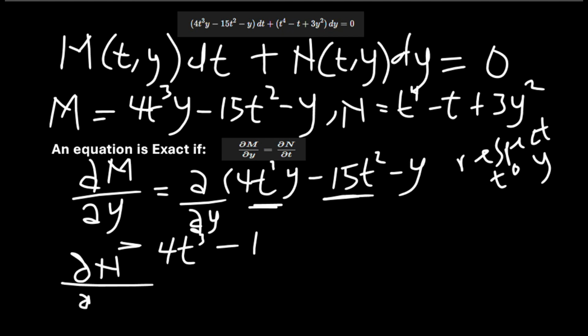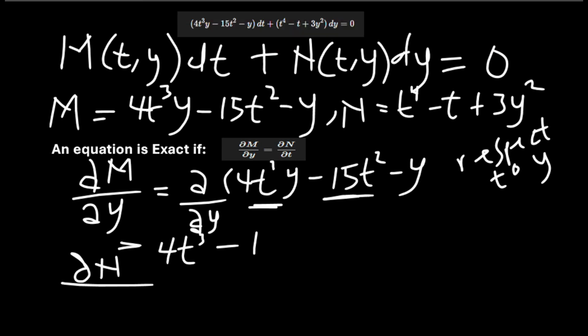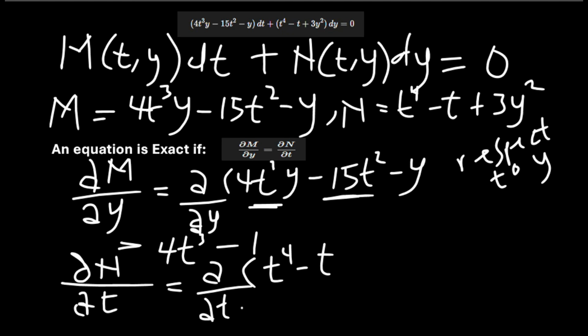Let's finish solving the N. We have del N over del t, which is equal to del over del t of our N, and N was t to the power 4 minus t plus 3y squared.